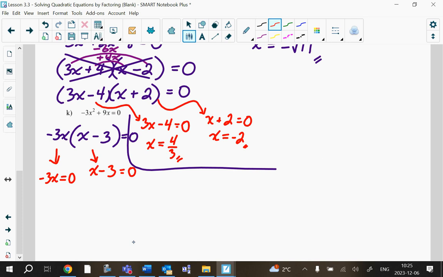How do I get x by itself? Divide negative 3, divide negative 3. So this becomes x, and what's 0 divide negative 3? Still 0. What does x work out to in this one? 3. Good.